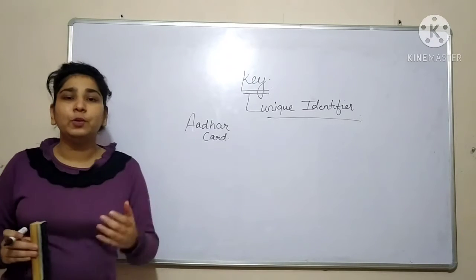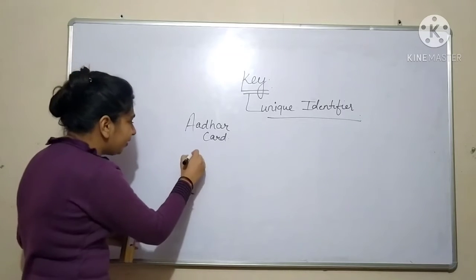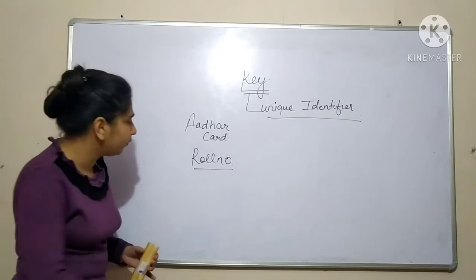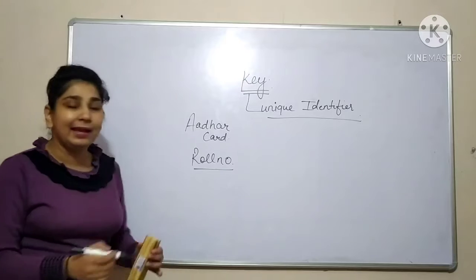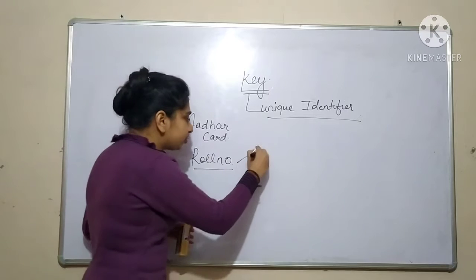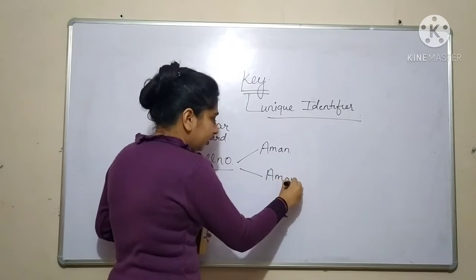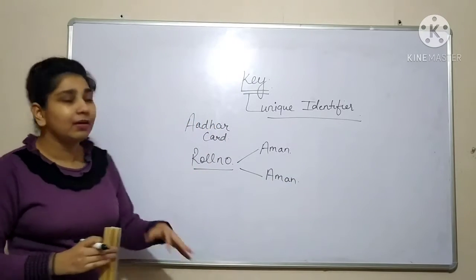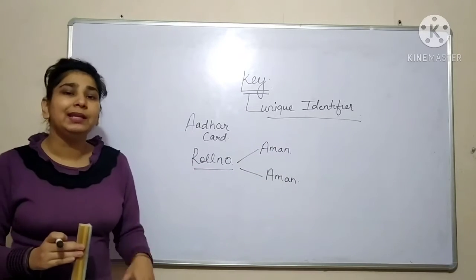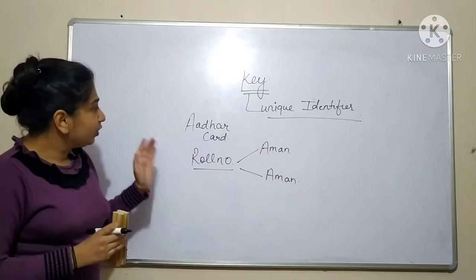Even if you are studying in your schools or colleges, you are given roll numbers. Why are we given roll numbers? So that we can differentiate among the students, because two students can have the same name, Aman and Aman. If we give one roll number to these two students having the same name, we can easily differentiate between them.